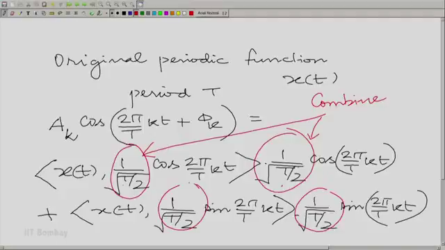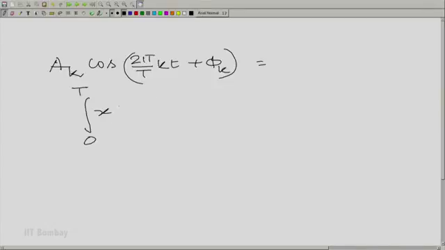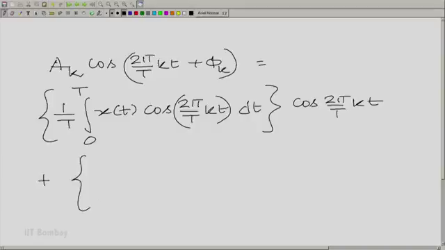So, we could write this down as follows: a_k cos(2 pi by T kt plus phi_k) is, very simply, how do you take the dot product? Integrate over a period T, without any loss of generality from 0 to T, x(t1) multiplied by the same sinusoid, with a constant factor.